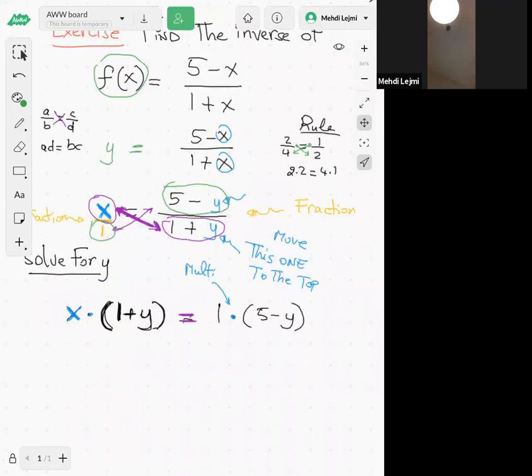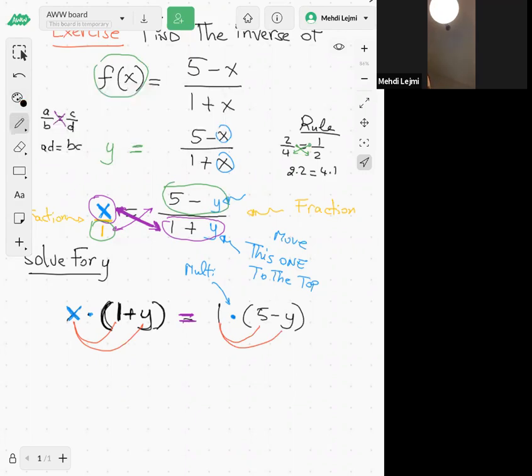Now I'm gonna solve for y. Whenever you want to solve for a variable, guys, you have to keep your variable on one side and everything else on the other side. So first I'm going to distribute, right? When you distribute, this is x times 1 plus x times y, and here it's 1 times 5 minus 1 times y.